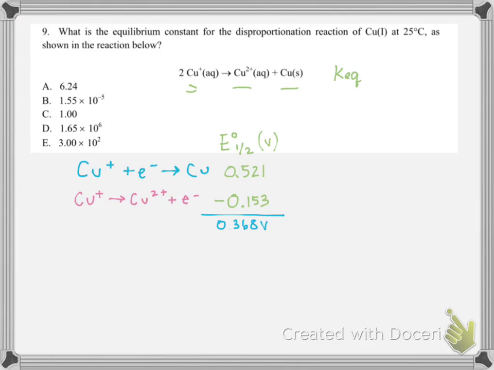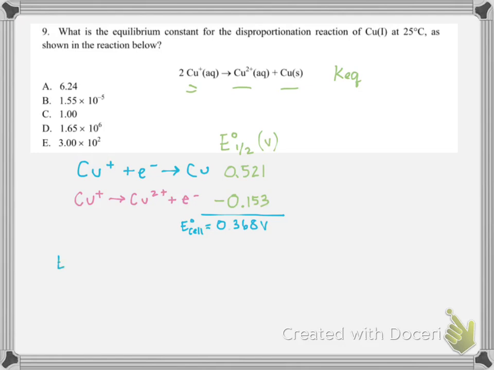So we get our E naught cell from this. And this is useful because we can relate it to KEQ using one of the equations from the data sheet.